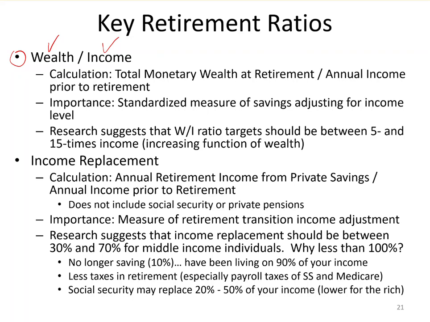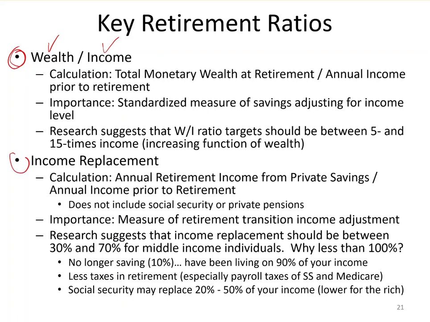Research suggests that you're going to need probably 5 to 15 times your final year's income if you retire at the age of 60, 65. More if you're richer, because you're going to need to replace more of your income, and probably less if you have a lower income, mostly because Social Security is going to replace much of your income. So that's the first one.